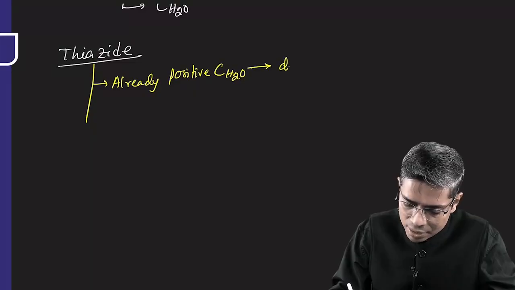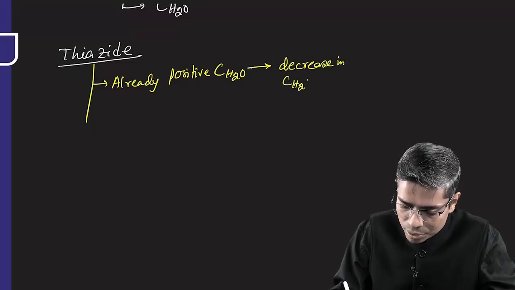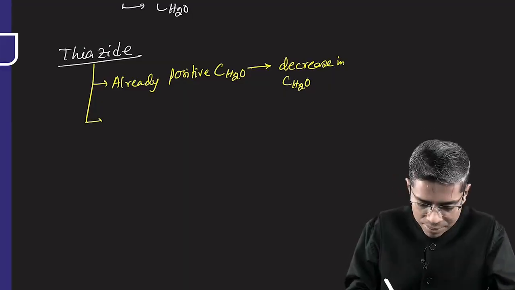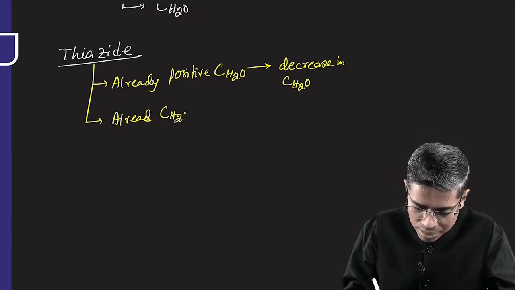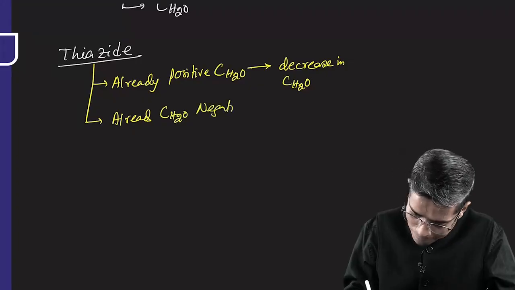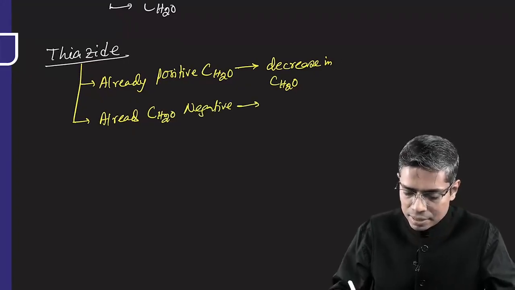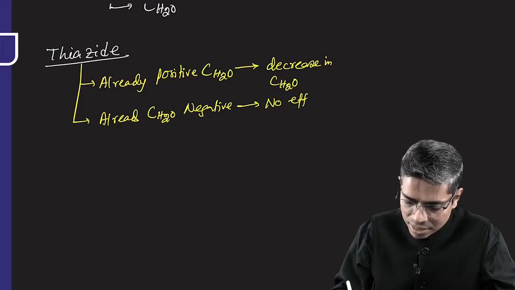Thiazide will cause a decrease in CH2O in this patient. But if CH2O is already negative, negative free water clearance, then there will be no effect of thiazide diuretic therapy in this patient.